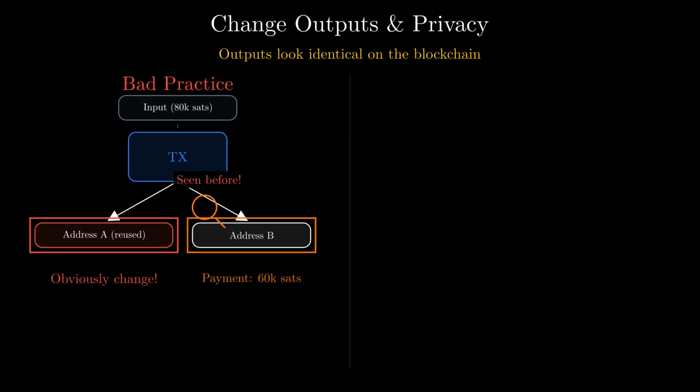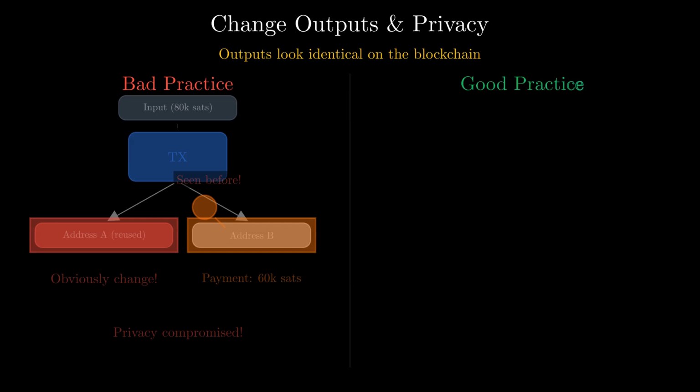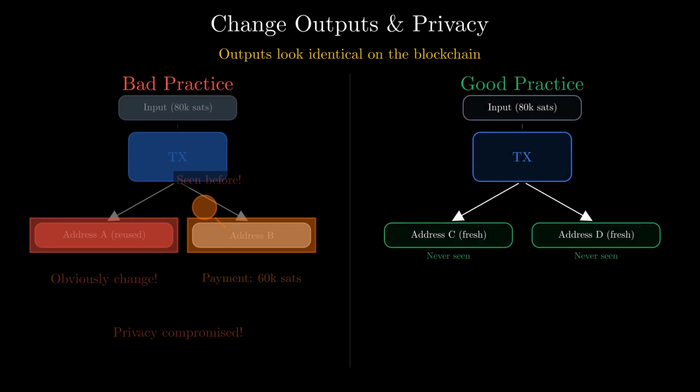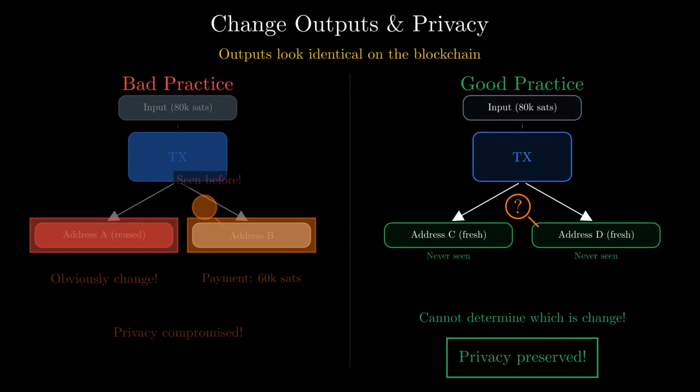Now the observer knows the other output is the payment and can deduce exactly how much Alice spent. Modern wallets generate a fresh, never before used address for every change output. Both outputs now go to new addresses. An outside observer sees 2 unknown addresses and cannot determine which is payment and which is change.